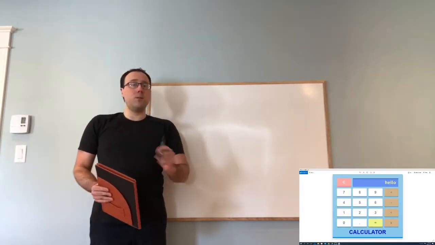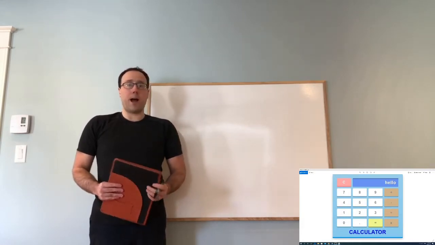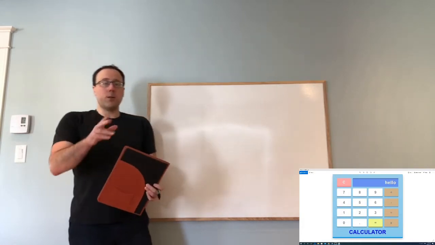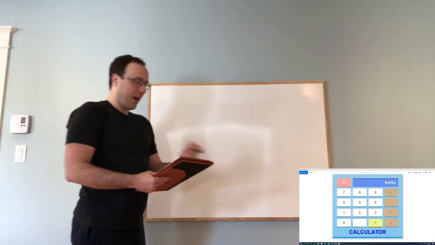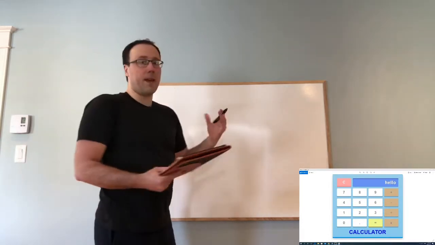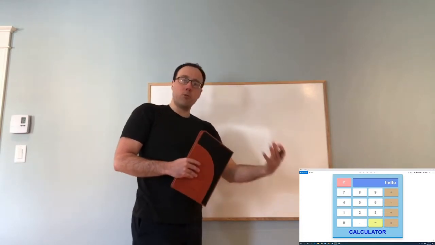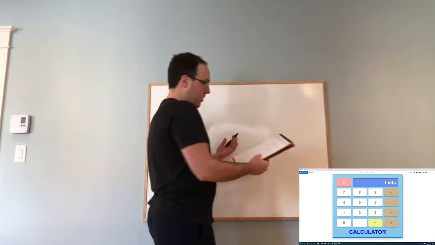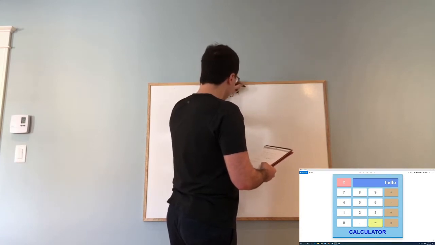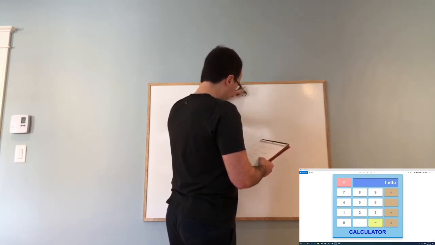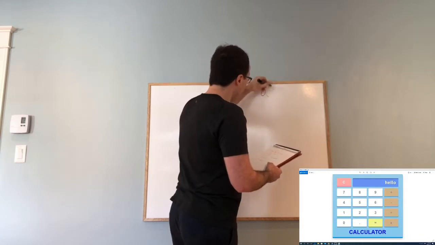Okay, so what I want to do is go over the calculator algorithm, as I said. I'm just going to put a couple sample formulas on the board here that we can then run through and use to describe the algorithm. So let's say 5 times 6 plus 21.